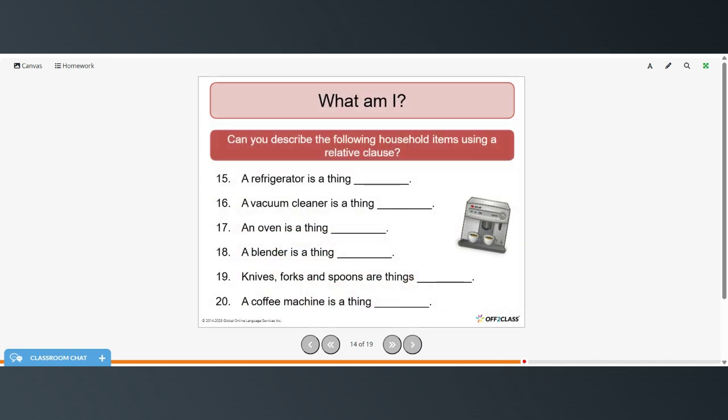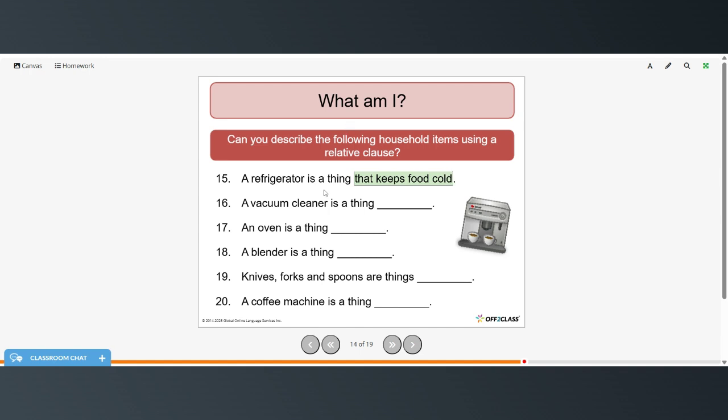All right, and then can you describe the following household items using a relative clause? Again, you can pause the video and try these on your own, and then restart when you're ready to check your answers. A refrigerator is a thing that keeps food cold.